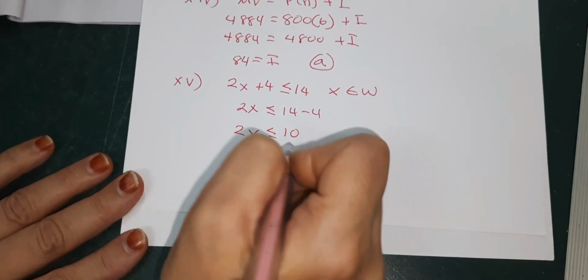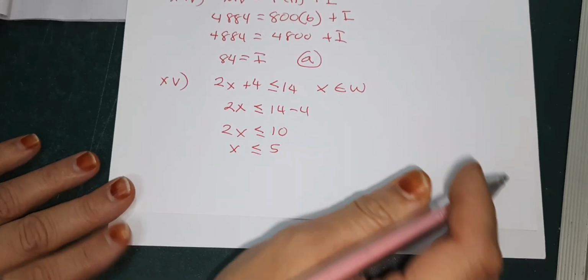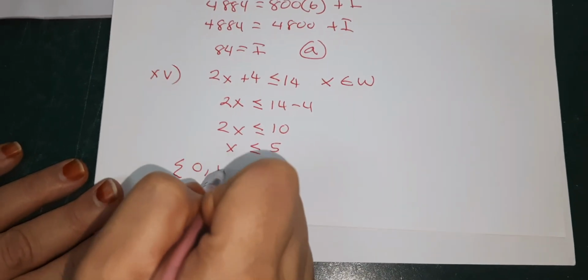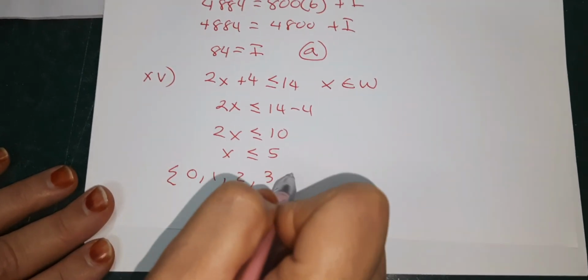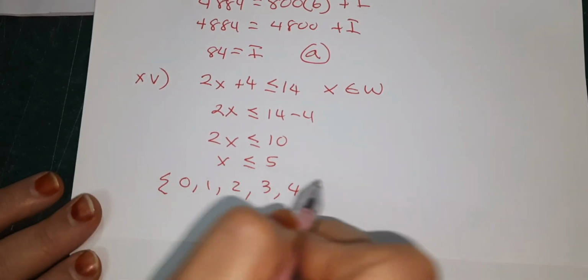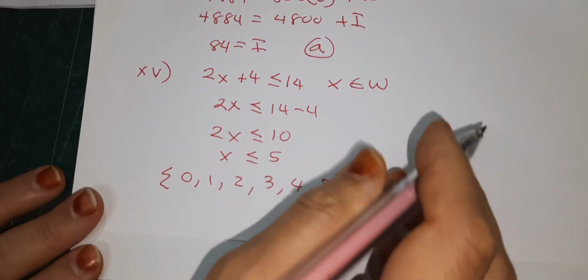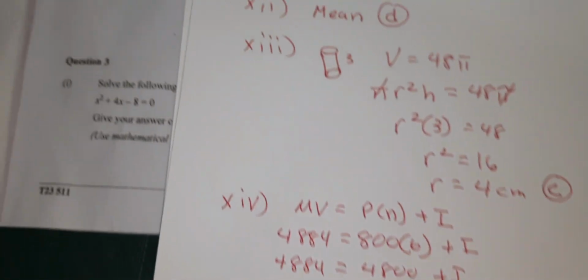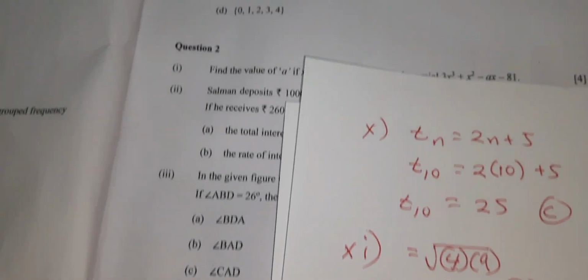Divide by 2, x is lesser than or equal to 5. So whole numbers lesser than or equal to 5 start with 0, 1, 2, 3, 4, and 5 also because it's lesser than or equal to. So this would be option B. So that completes the multiple choice part.